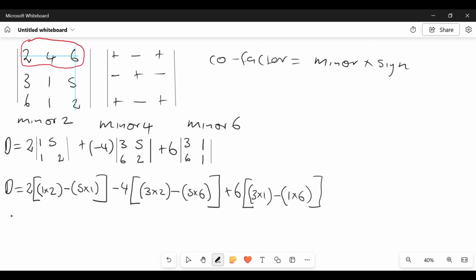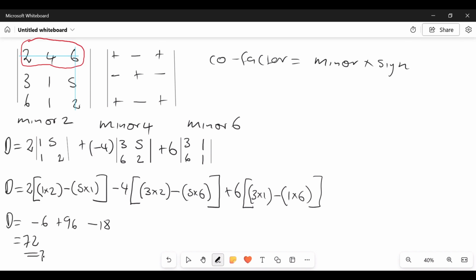And then we put all this in our calculator. The first one here, guys, is going to give us -6. The second one is going to give us plus 96. And then the third one is going to give us -18. When you add them together there, guys, this is going to give us 72.